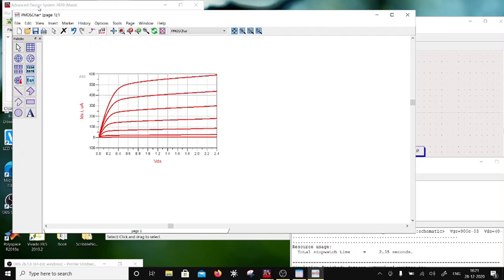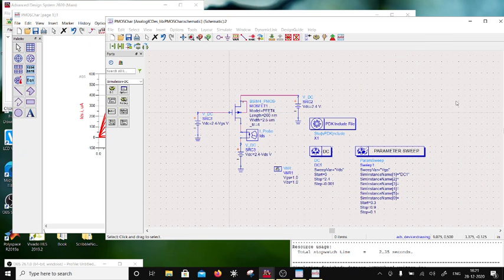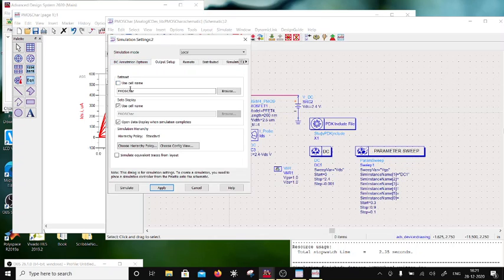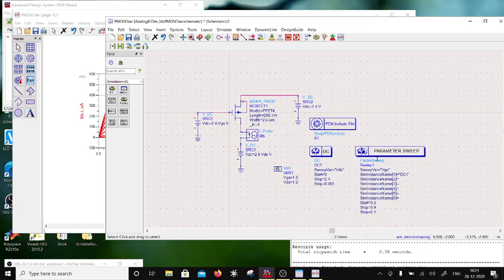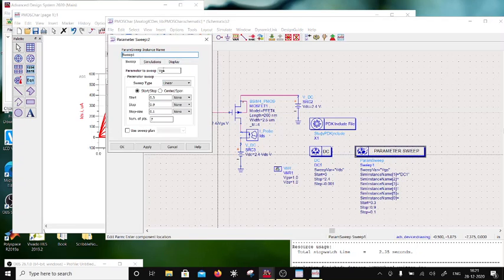Okay, and similarly I can plot the output characteristics, transfer characteristics. So I'm going to change the simulation setup, change the file name to be 1, apply, and here I'm going to sweep VDS.